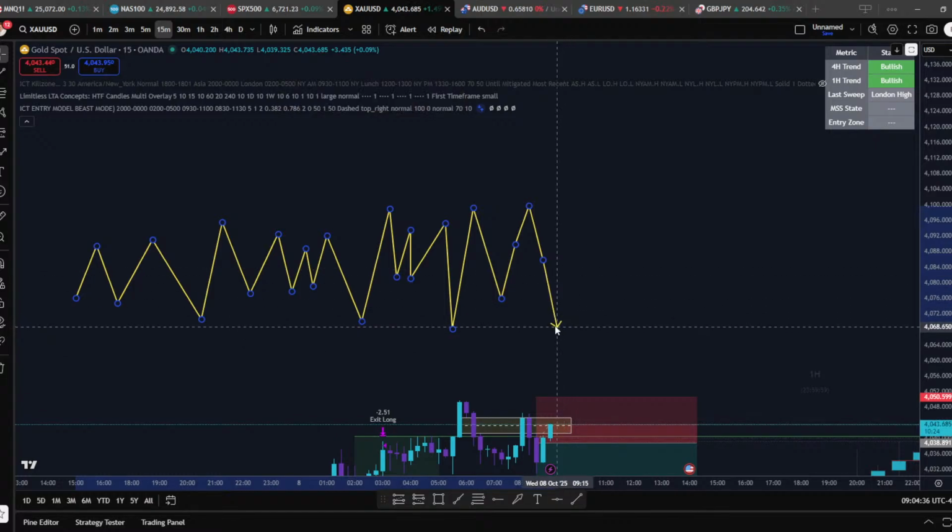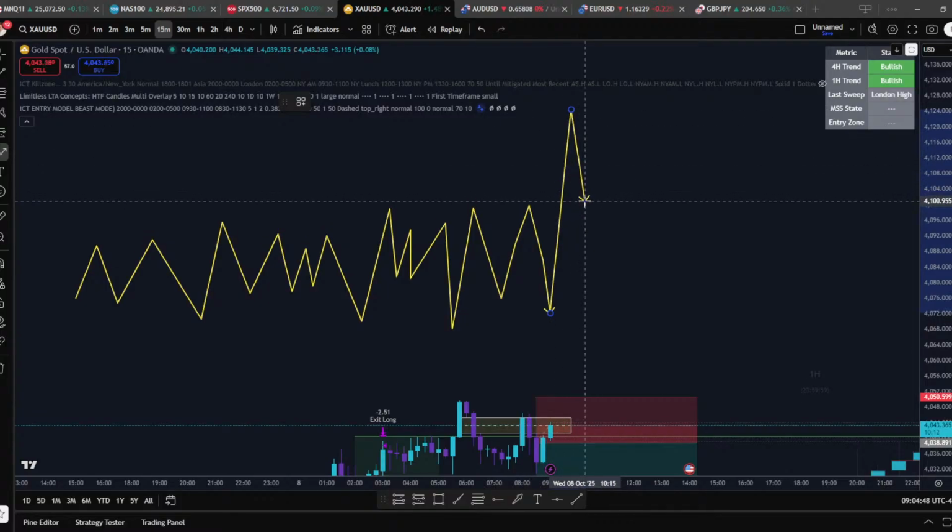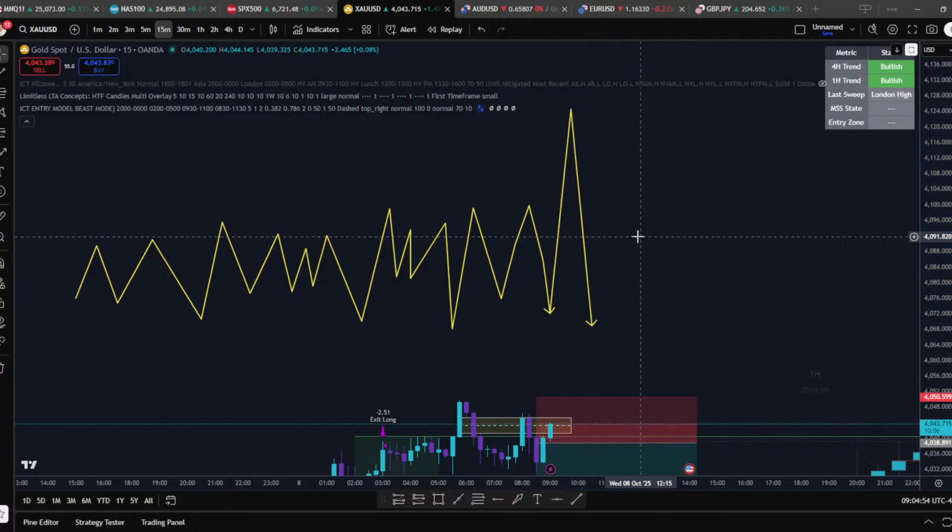Okay. Let me get a new one. So pathing. From here, I see manipulation up like this. And then I see inverse. Okay. Now let's stop there.